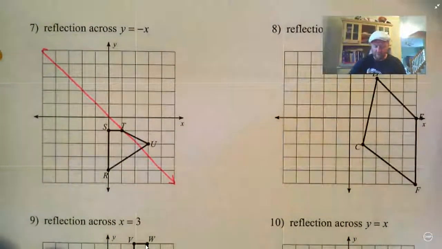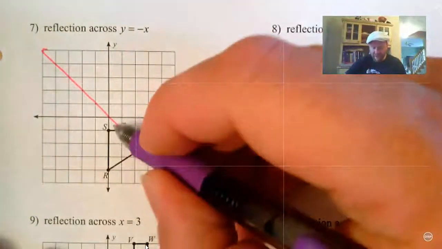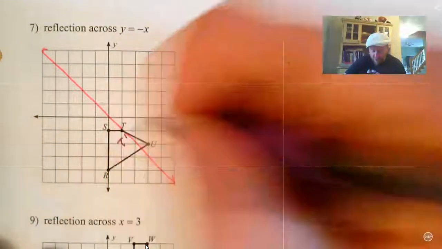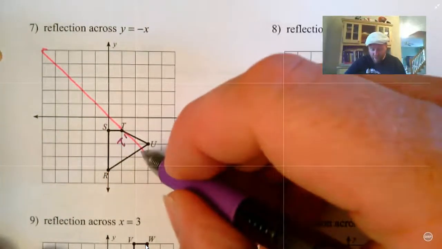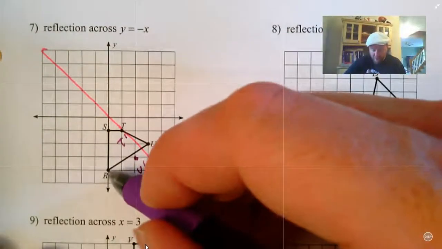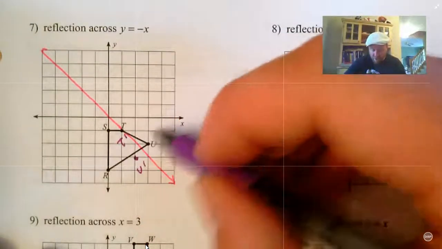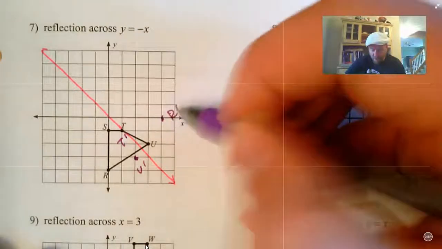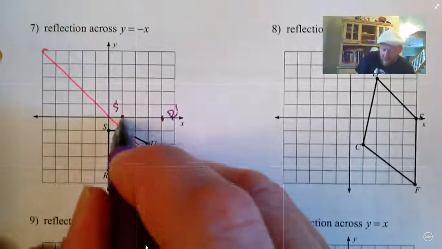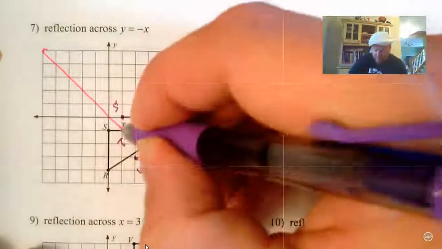T is right on that line, so we don't have to move it at all. We'll just put T prime right there. U is half of a diagonal, so the other half over here. R is 1, 2, so 1, 2 diagonals away. And S is half a diagonal, so half on the other side. And we'll just connect the points.